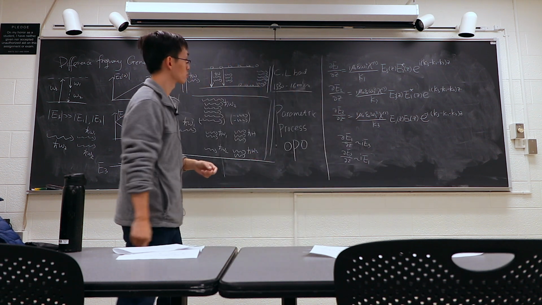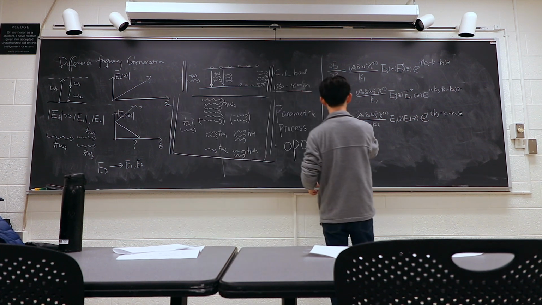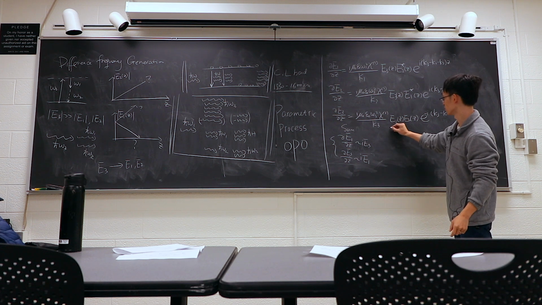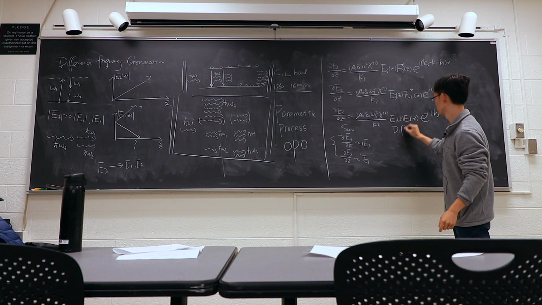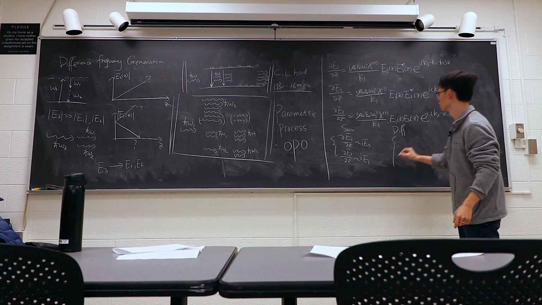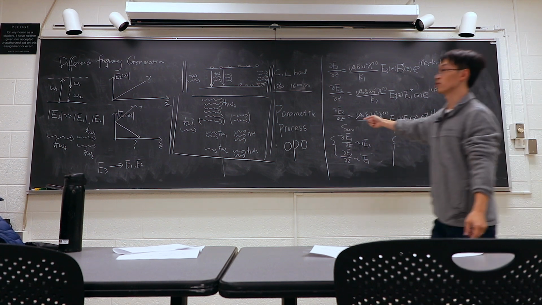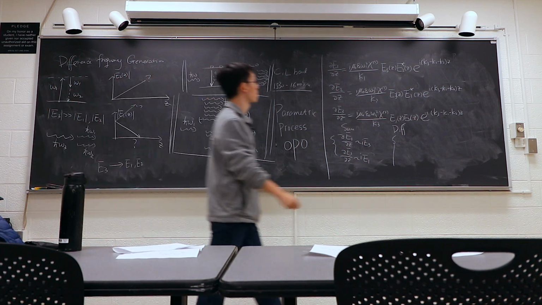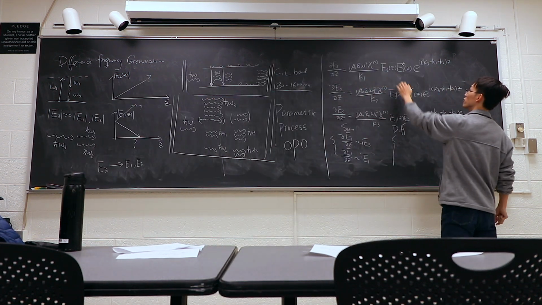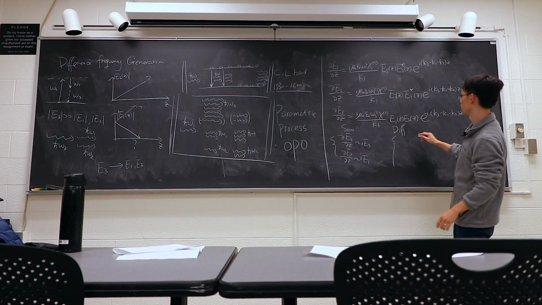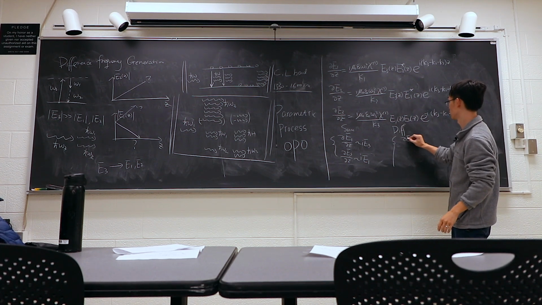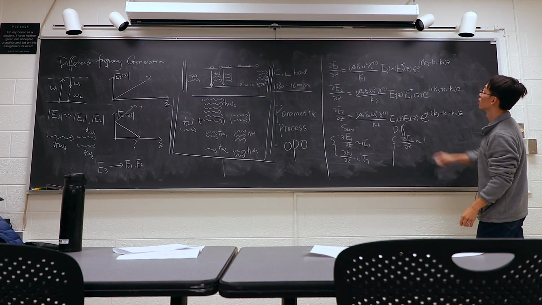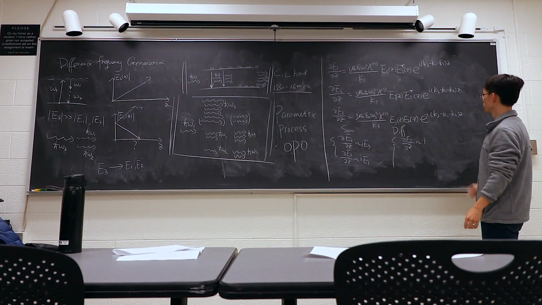This is for sum frequency. Now this is for difference frequency. And of course, again, we assume the pump is very strong. The pump this time is omega 3, so we need to solve E1 and E2. You have I, and this is just a coefficient now.